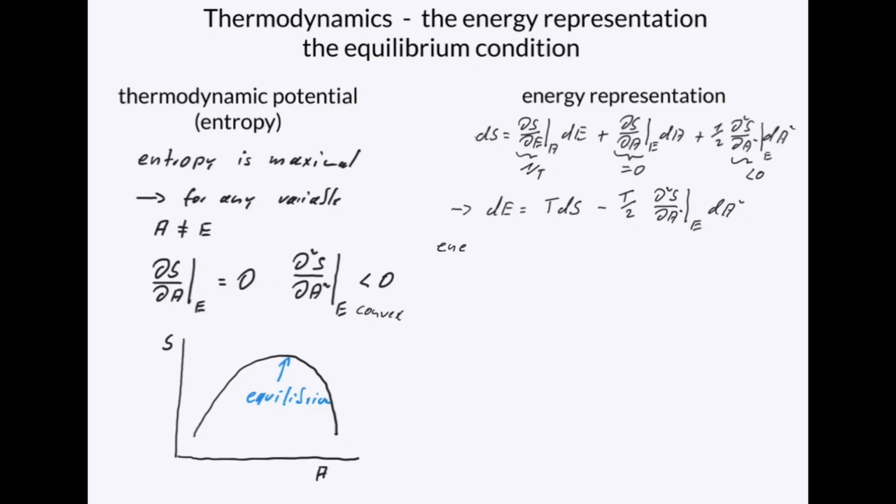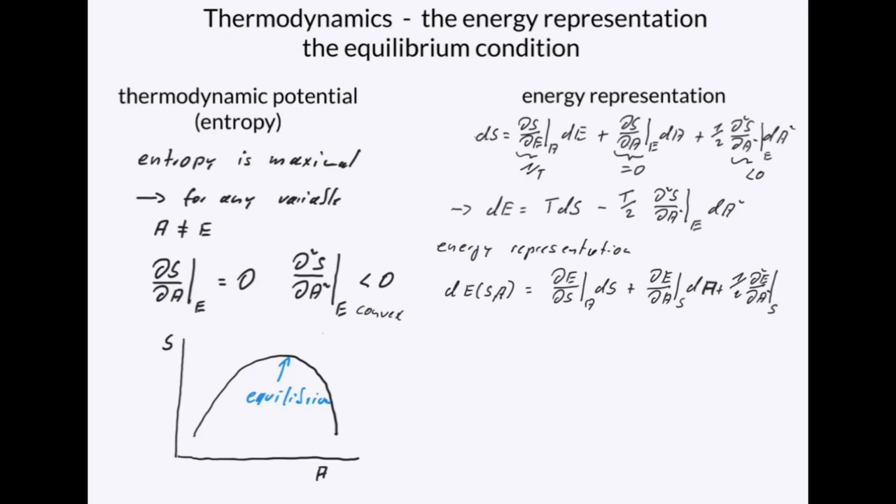The same considerations we now also take for the energy representation. In the energy representation, dE reads the partial of E with respect to S at constant A times dS, plus the partial of E with respect to A at constant S times dA, plus 1/2 the second derivative of E with respect to A squared at constant S times dA squared.